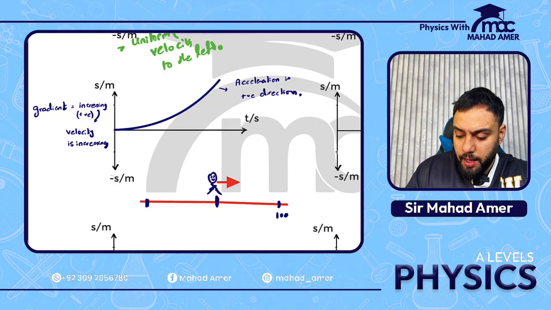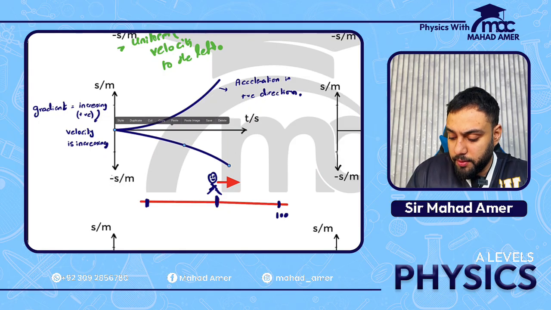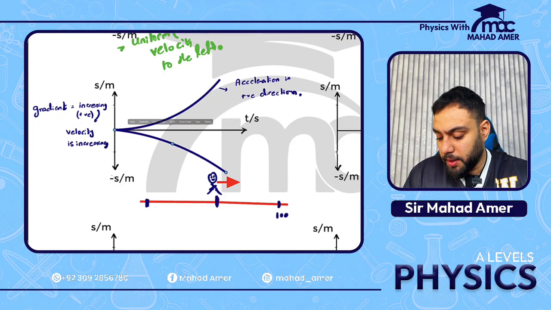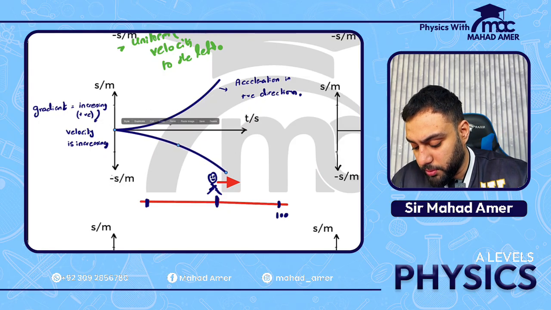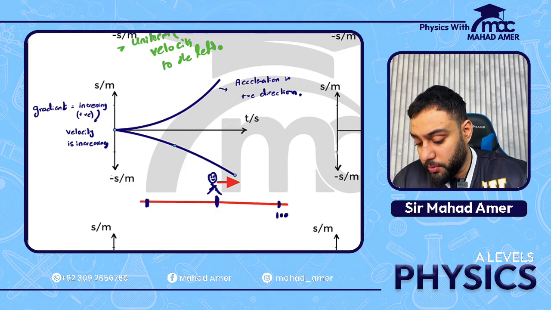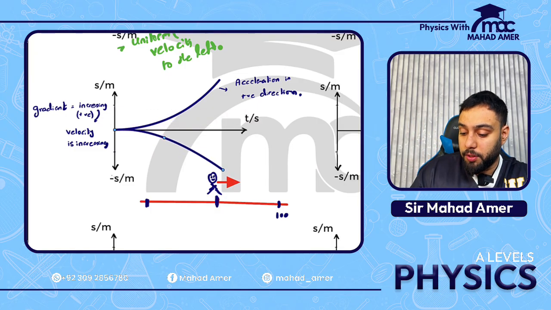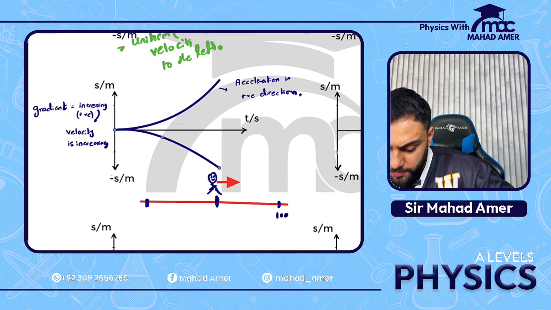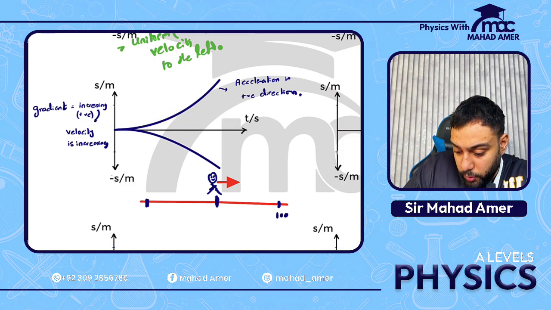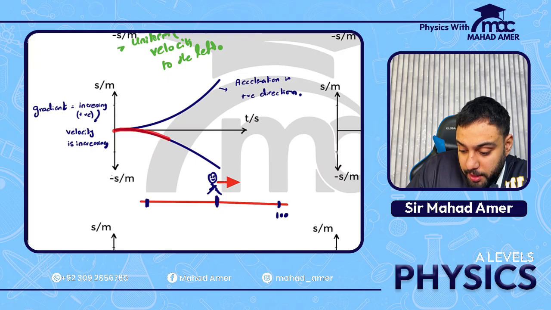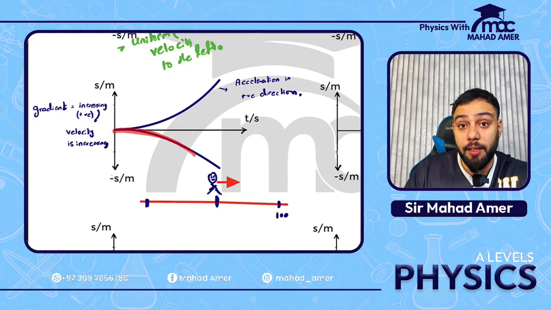Now, if this graph would have looked somewhere like this, the other way around, you would realize that the second one that I drew, the displacement being covered, the gradient is still increasing.